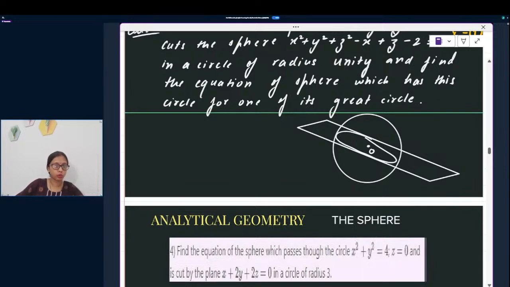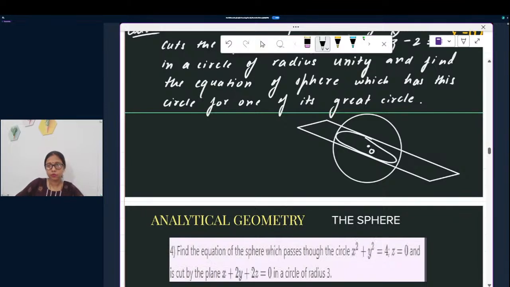This is what they are talking about. So the greatest circle is the intersection of a plane and a sphere if that plane is passing through the center of the sphere.